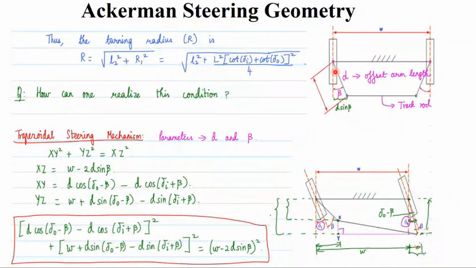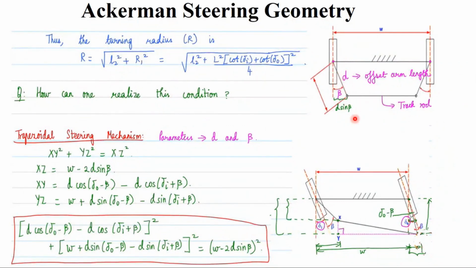D is nothing but the offset arm length, which is the tie rod and steering arm. This is the arm length, right?